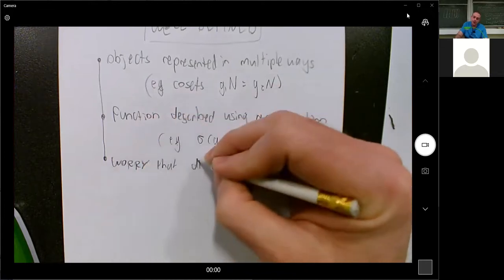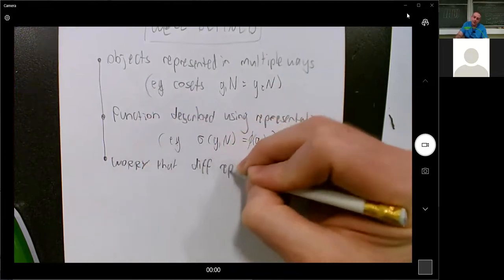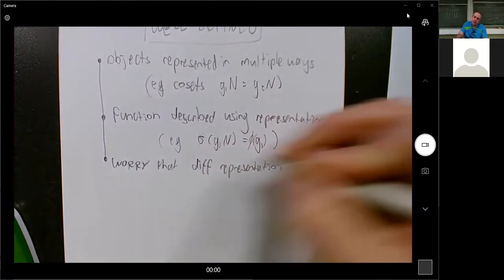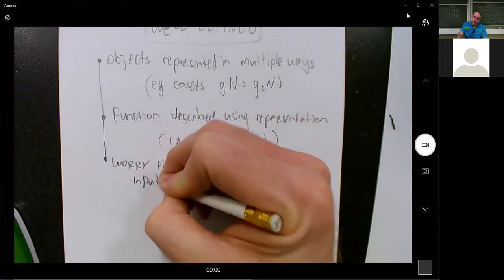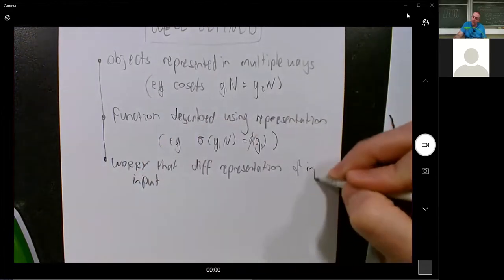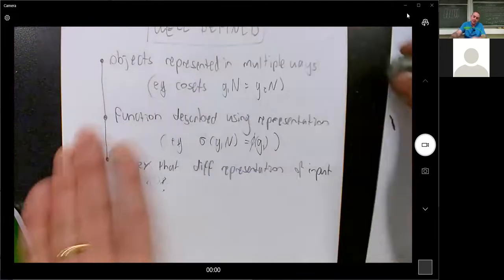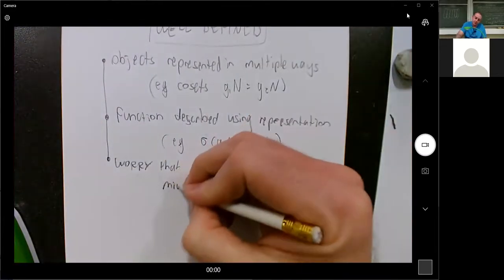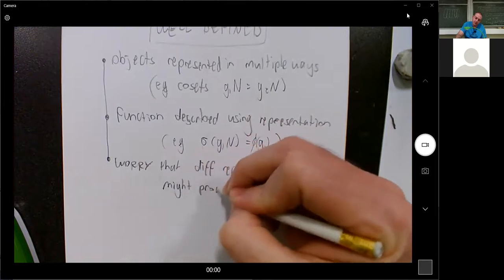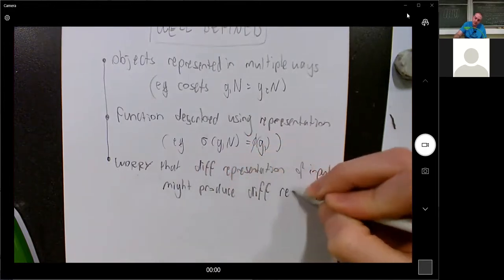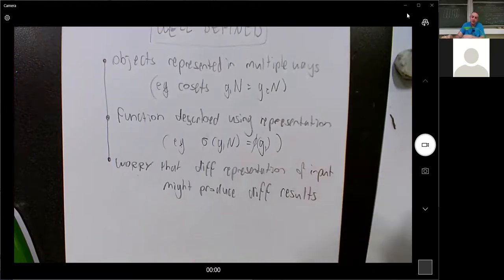You worry that different representations of the input might produce different answers or results.